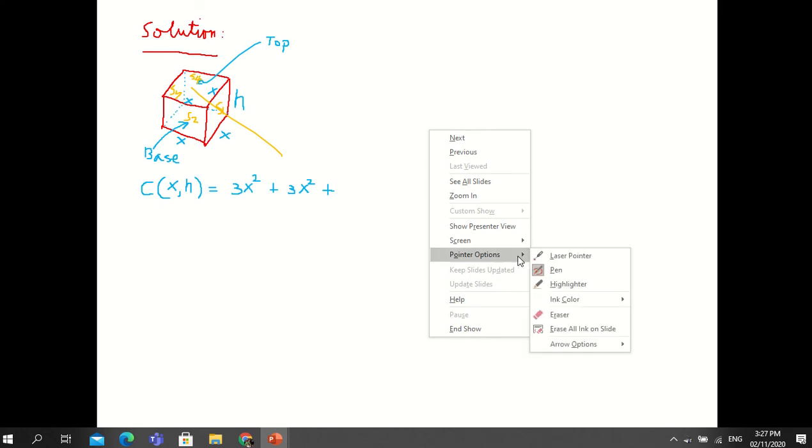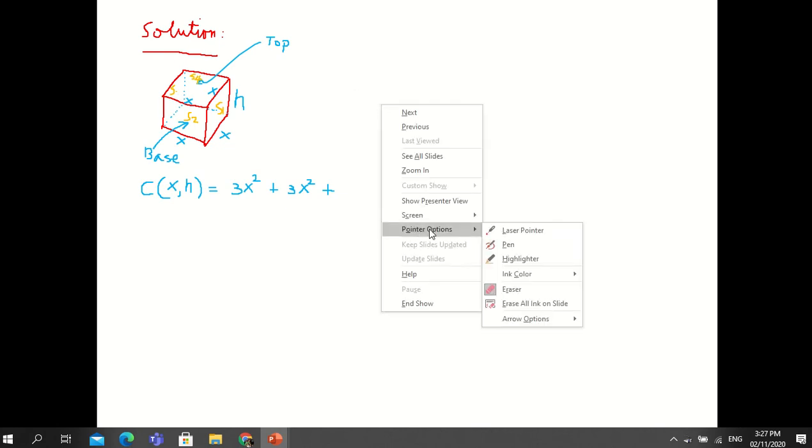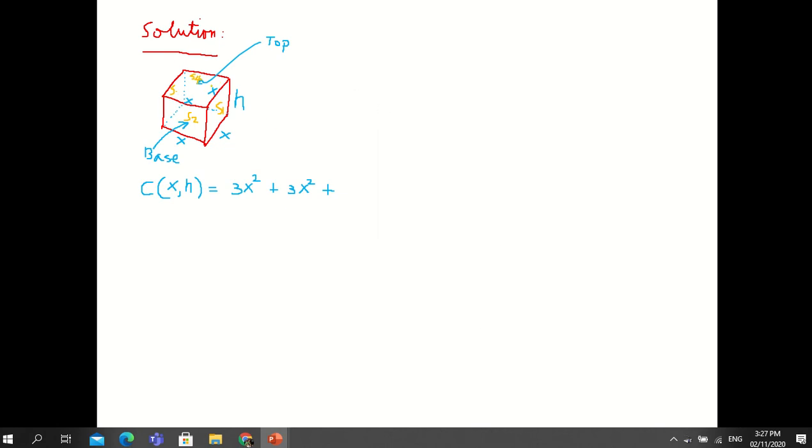So what's the cost of the side? The cost of the side is 1.5. Again, the area of the side is just the product of this length and this length here, or this is the width if you consider this as length, width, and height.